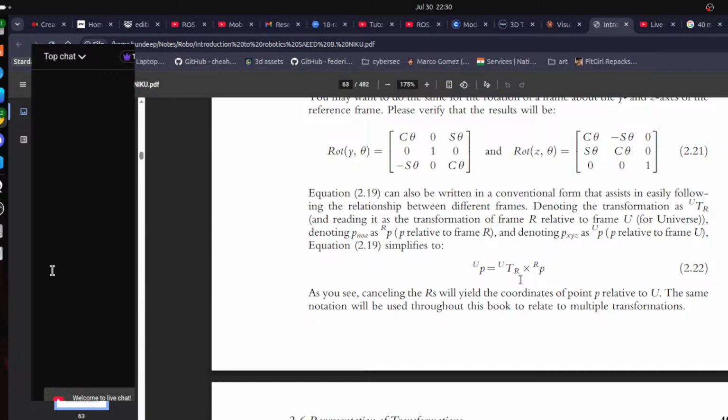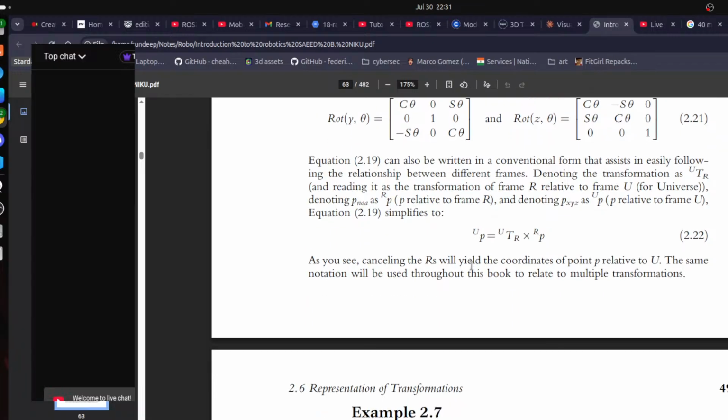That's the main thing. And yes, the way to read this is from the right to the left. So the point P is in the rotating frame R, and this transformation, this magic matrix, transforms the coordinates from the rotating frame R to the universal frame U, and that gives us the point P in the universal frame.